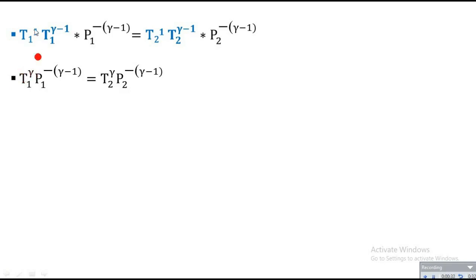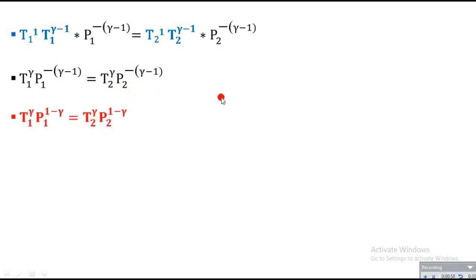Because here we add the power, so 1 plus gamma minus 1, the 1s cancel and we remain with T1 power gamma. Then here we remain with P1 to the minus gamma minus 1 equal to T2. Here also we add them, they cancel, and we get T2 power gamma, P2 to the minus gamma minus 1.